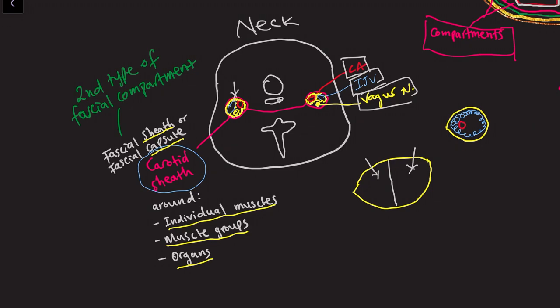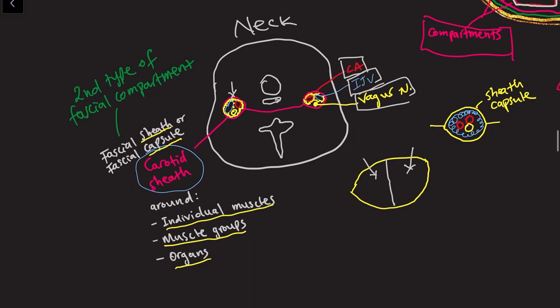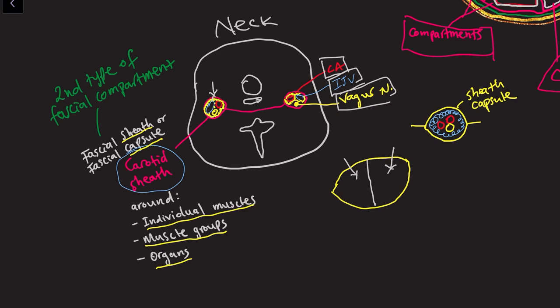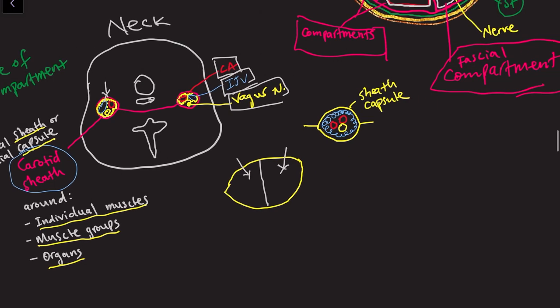And then you have your blood vessels there, artery, vein, and then you have your nerve there. And so this lamina that now covers this neurovascular bundle is now called a sheath, or capsule. That's a second type of compartment. So here you don't have a septum, you just have the sheaths. Okay.